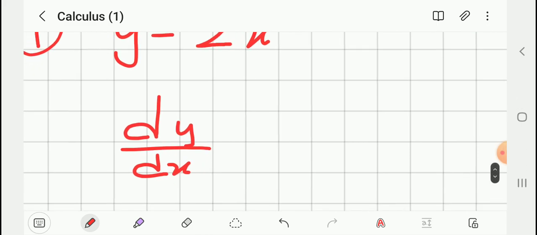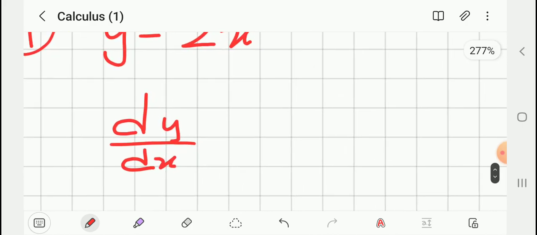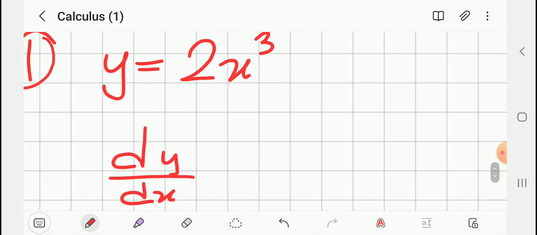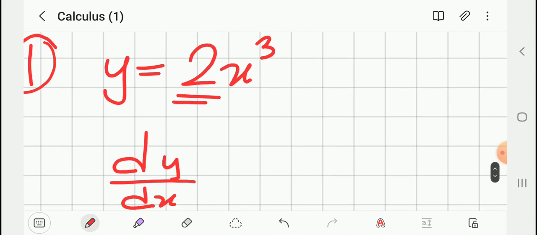So dy by dx. As I told you, the formula for x to the power n is n x to the power n minus 1. See here, 2 is a constant, x cube is the variable.